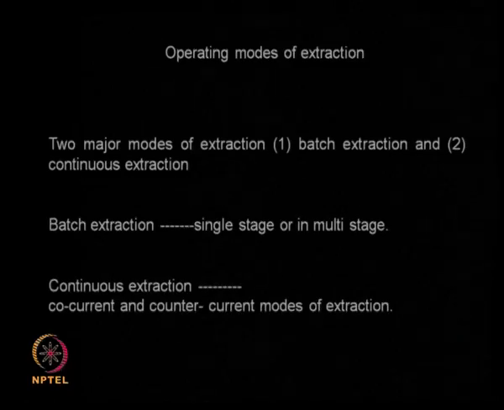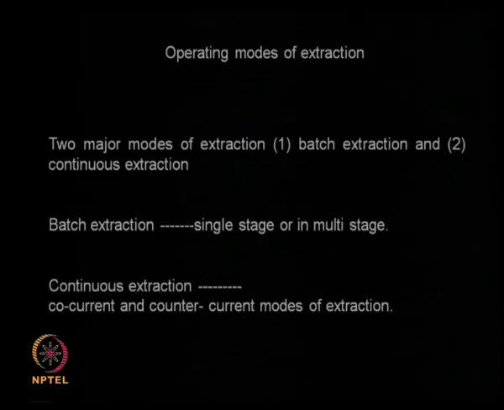Now you can perform this liquid extraction either in a batch mode or in a continuous mode. In a batch mode you can have a single stage, that means you have one big vessel where you mix both the liquids and you have separation taking place, or you can have many small vessels, and each vessel can be considered as a stage where there is a contact between the two fluids and the extraction takes place in each stage.